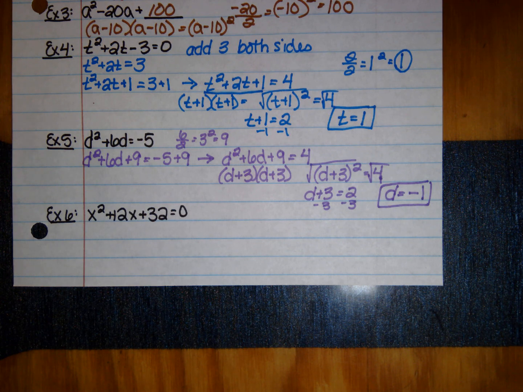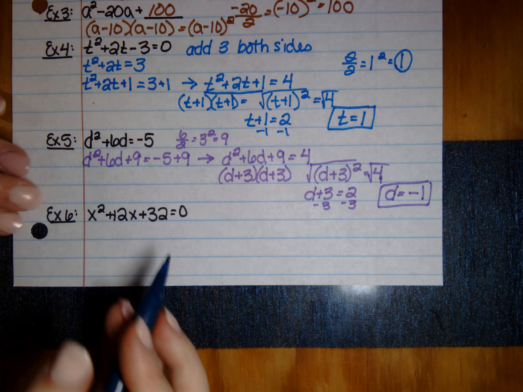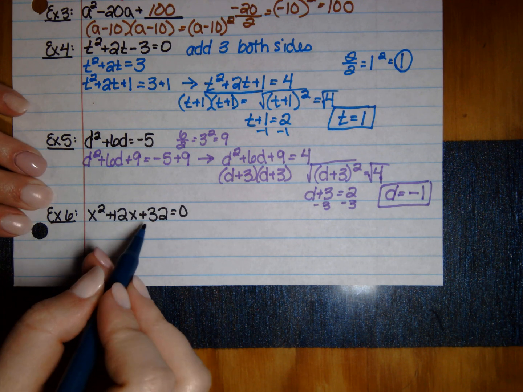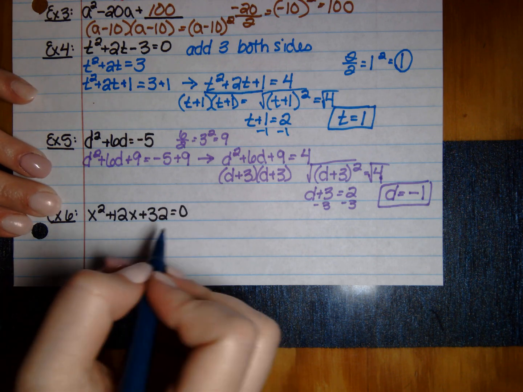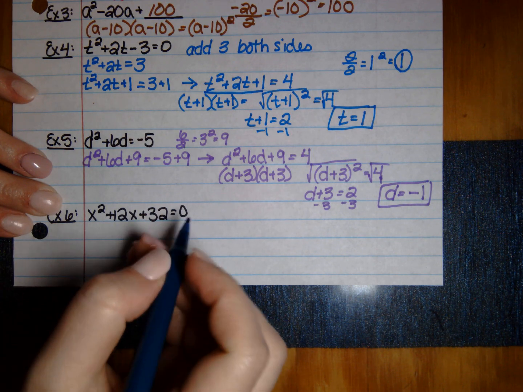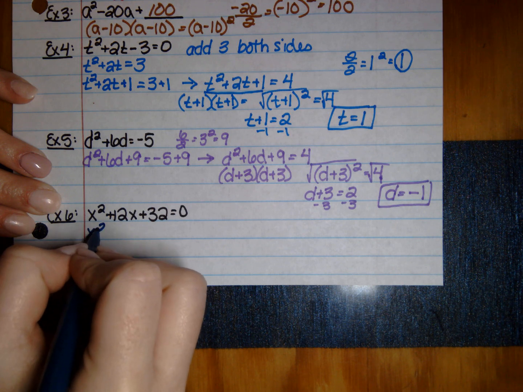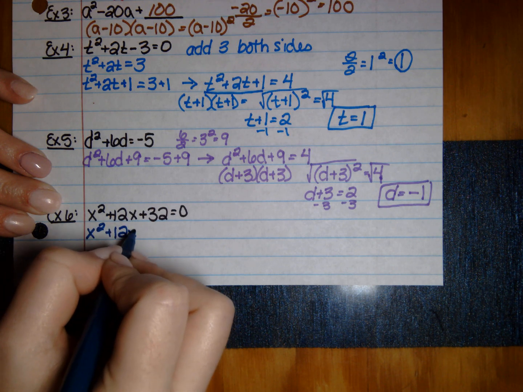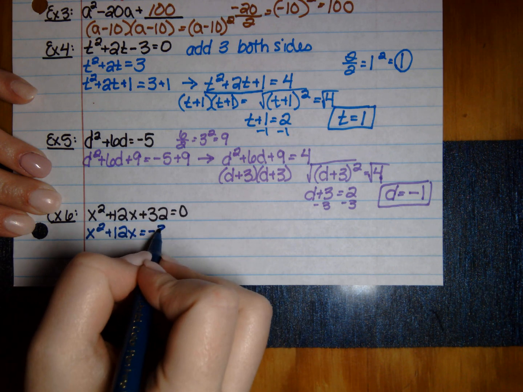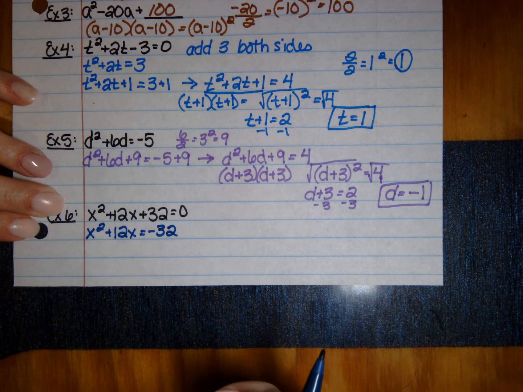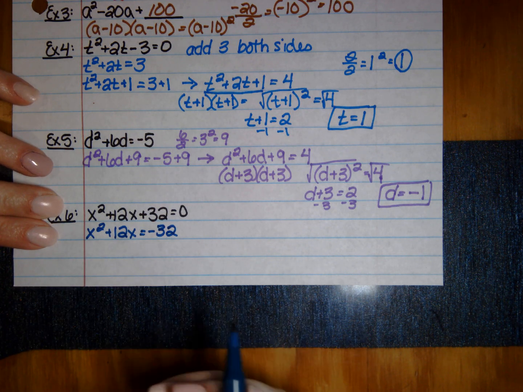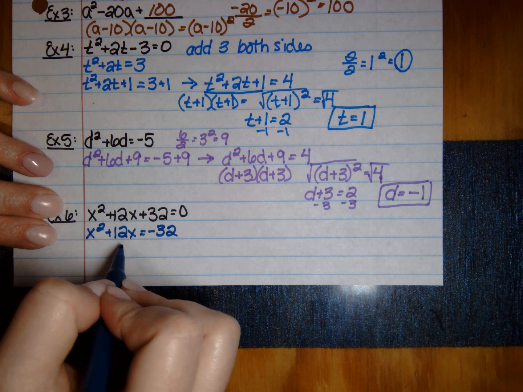And for my last example, example 6, I have x squared plus 12x plus 32 is equal to 0. So I need to move my 32 over. So I get x squared plus 12x is equal to negative 32. Step 3 said to do half of b squared.